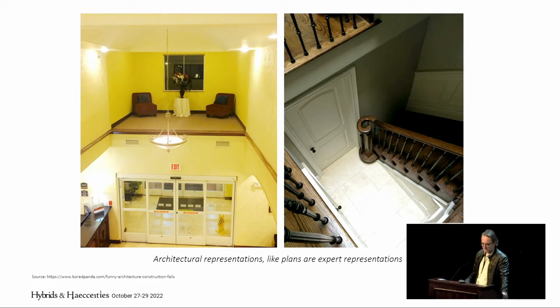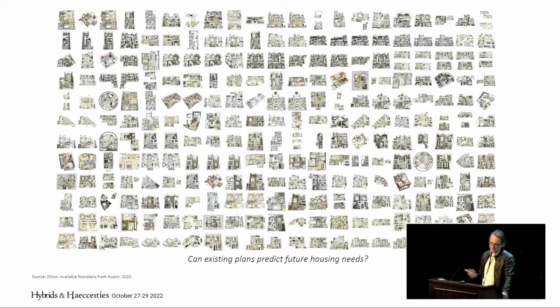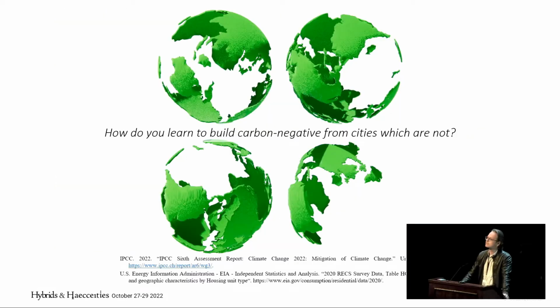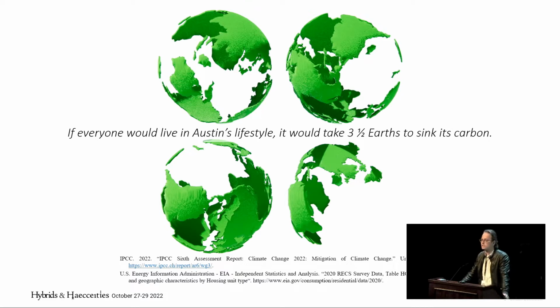So you can see this vice versa. Also, we can ask now, can you really predict from existing data? Is a future kind of living inherent in existing plans? Let's ask this much more categorically: can I really build carbon negative cities from cities which are not? This is mapping the carbon footprint of Austin.